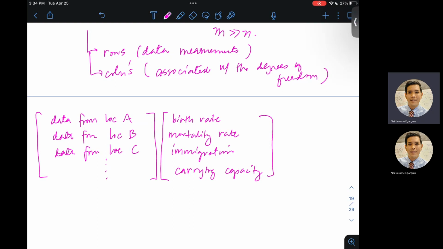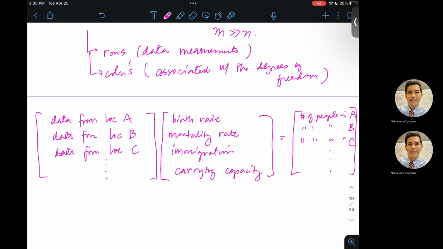And then you will have, say, the number of people in location A, number of people in B, number of people in C, and so on, right? Essentially, we want a lot of measurements. We want to measure as much information as possible, collect as much data as possible, and then match it with unknown parameters.